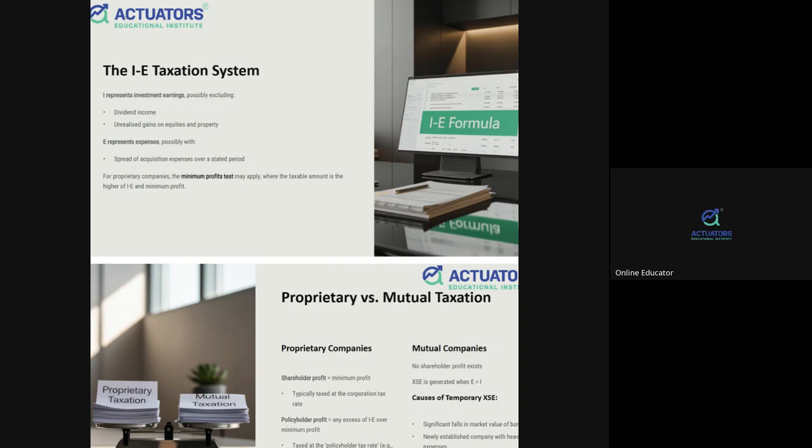Exactly. So in a way you're paying tax on behalf of the policyholders. The rate imposed on that part of the profit is also the policyholder's individual tax rate. So you're paying some tax on behalf of the policyholder, which the policyholder would have eventually paid at the end of the contract.